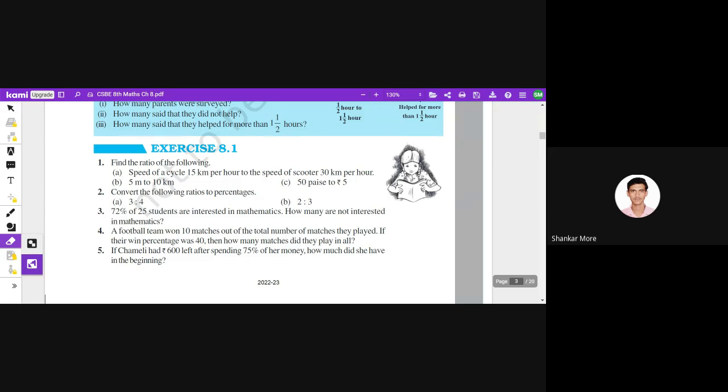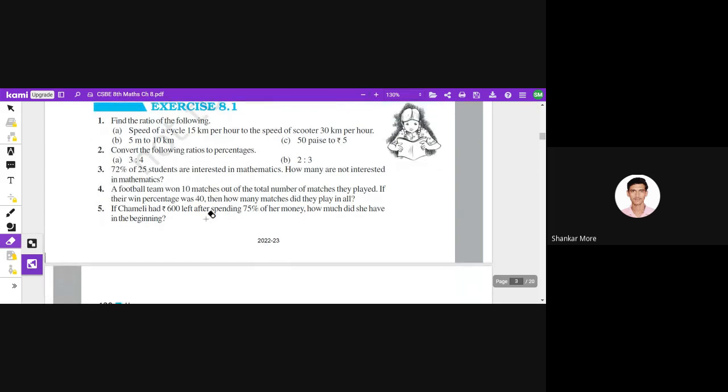If we have to write it in percentage, it can be written as 75% as well, right? 2:3, what will be the percentage of 2:3, students? 16.666, right? Yeah, okay.